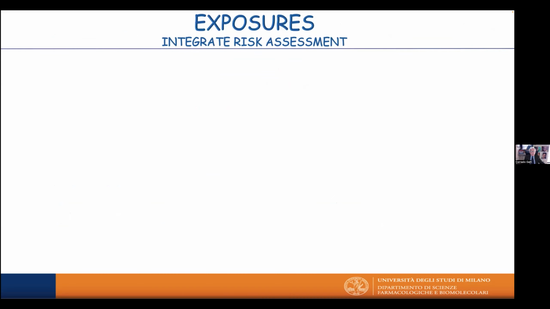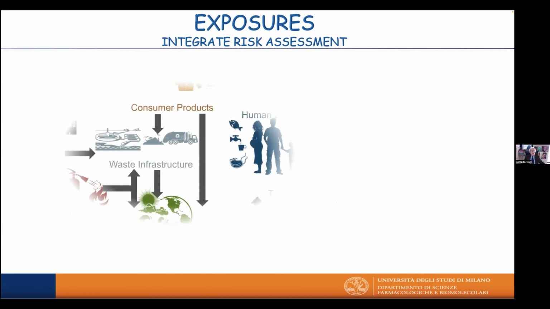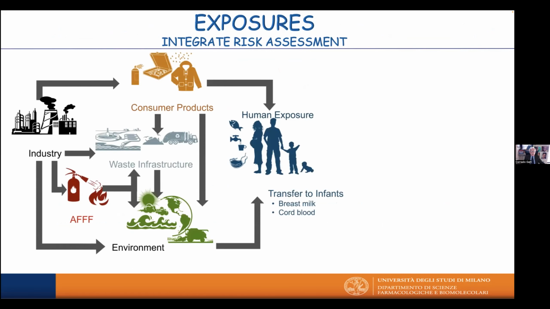Now, let me jump for a second to the next concept, which is the risk. Once you have the hazard, you have to define the exposure. As for the margin of exposure, I just anticipated that there is a kind of ratio or distance or range between the lowest carcinogenicity dose and the exposure.